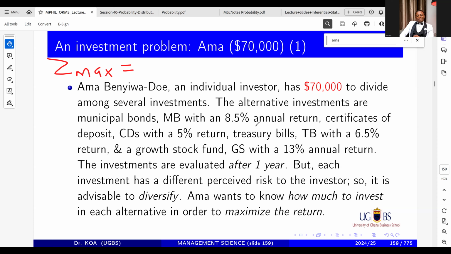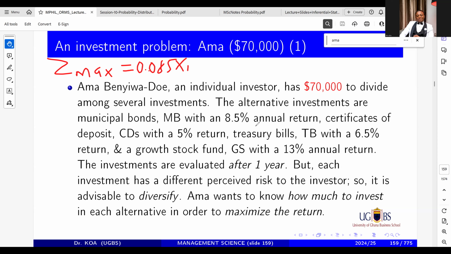Now here he uses the word annual return, but it's not really the annual return. He's talking about annual rate of return. That's what he's actually talking about. So it is an interest rate. And so the first one for the municipal bonds is 0.08. So what you are going to write is 0.08 X1. That's for the municipal bonds.